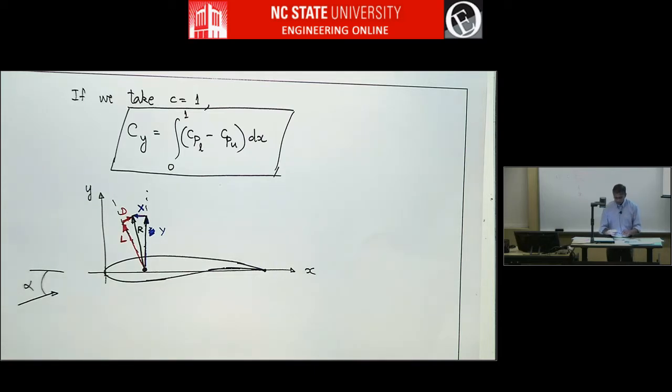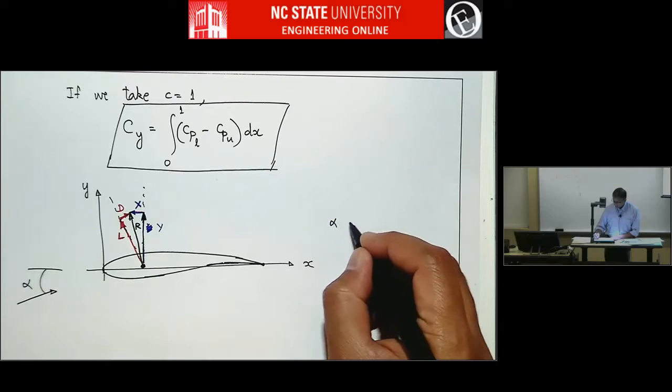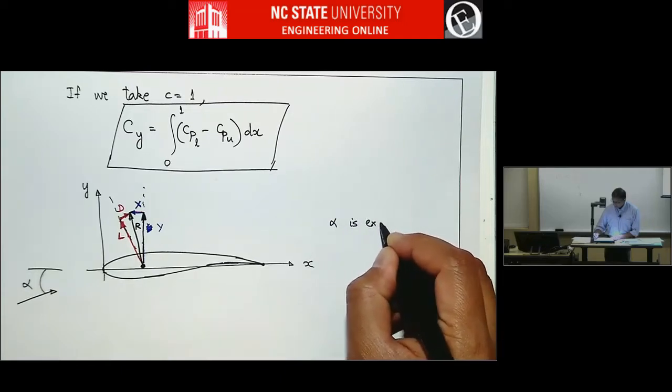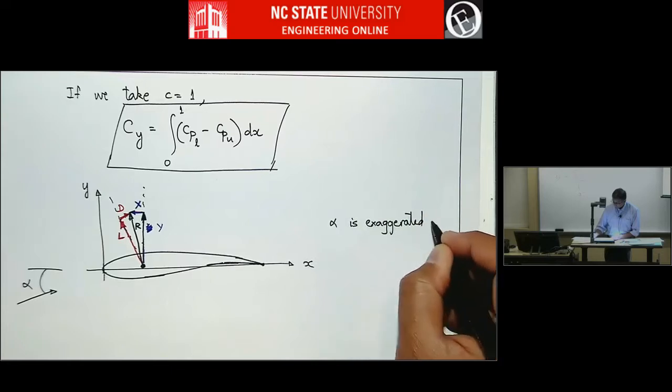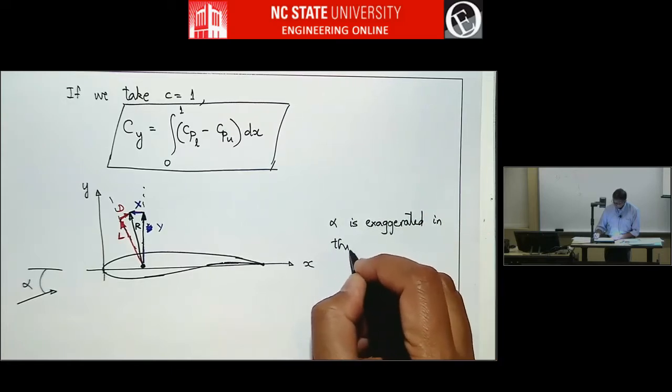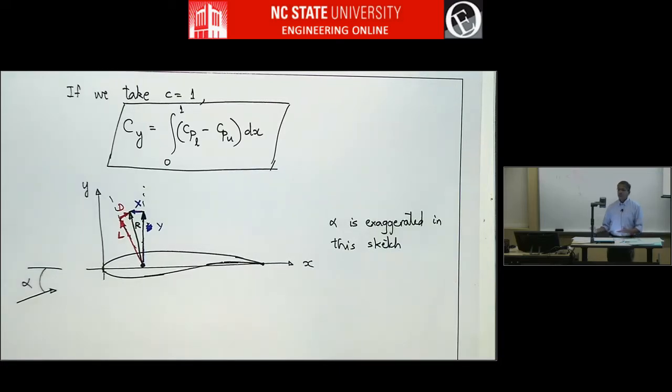So whenever I draw these things, alpha is pretty exaggerated. The reason is that to show things clearly, I have to draw a big angle. Usually it'll be between like 0 to 15 or something. What I've drawn is probably like 35.